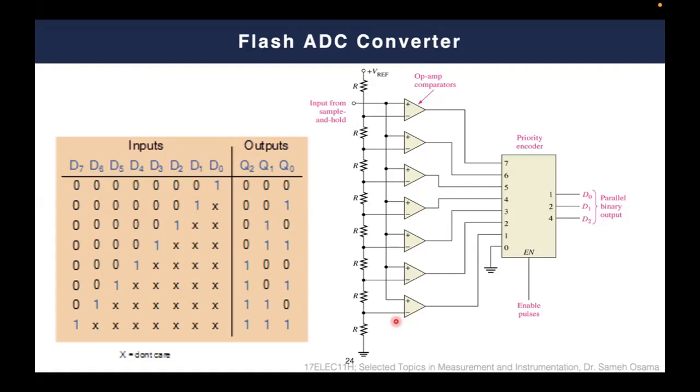Now, if your input is 0, which means that you are less. If the input is 1, which means that you are greater than 1/8 of the full scale, and all other inputs are 0, which is this case. So these 7 inputs are 0, but only this one is high.